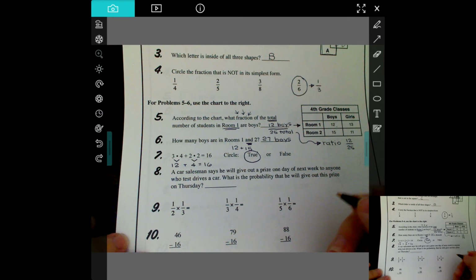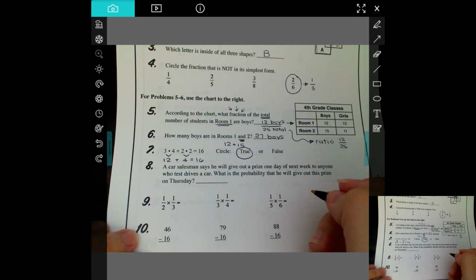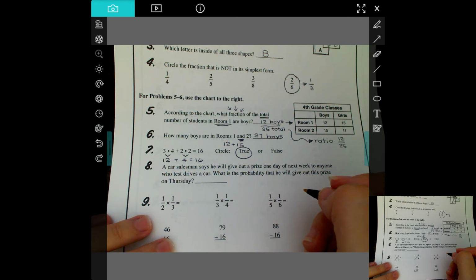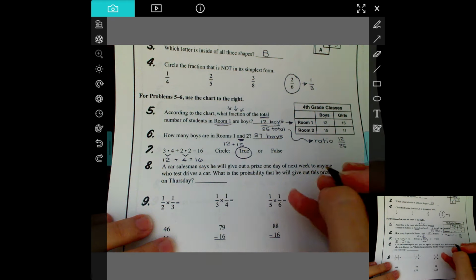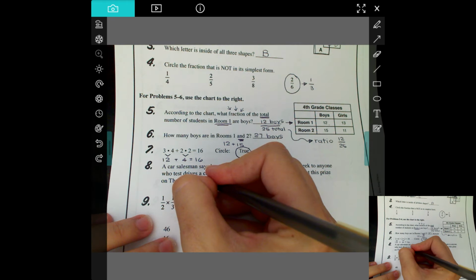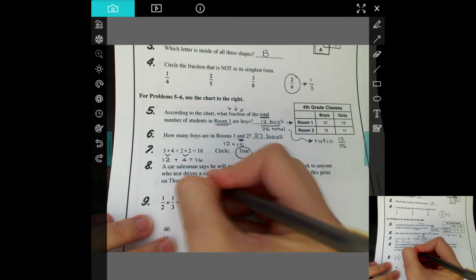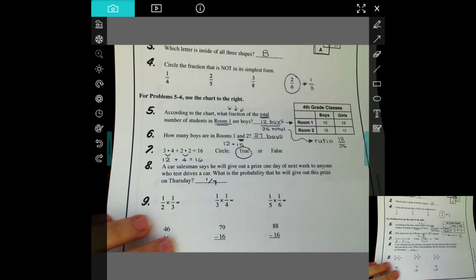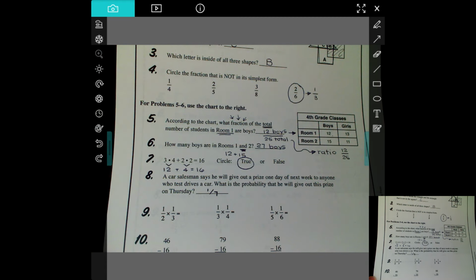Number 8, a car salesman says he will give out a prize one day of next week to anyone who test drives a car. What is the probability that he will give out this prize on Thursday? Well, Thursday is 1 out of 7 days a week. So we would say that it's a 1 out of 7 chance that it will be on Thursday.